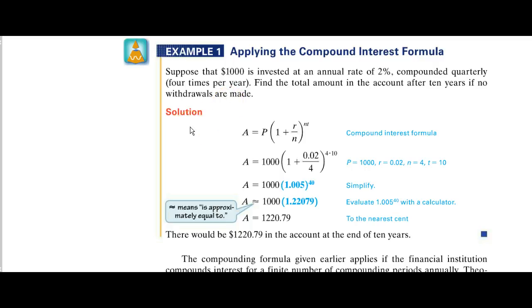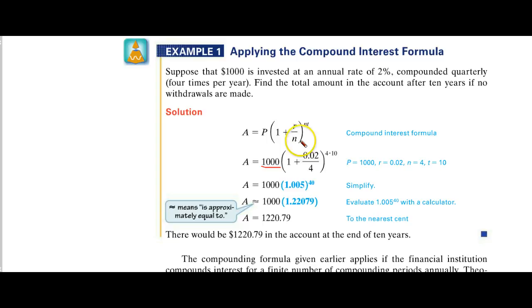So what we're going to do here is very carefully start to substitute. We put the principal of 1,000 right there. Now there is a 1 in the formula. We put our rate as a decimal fraction, which is 2%, right there.